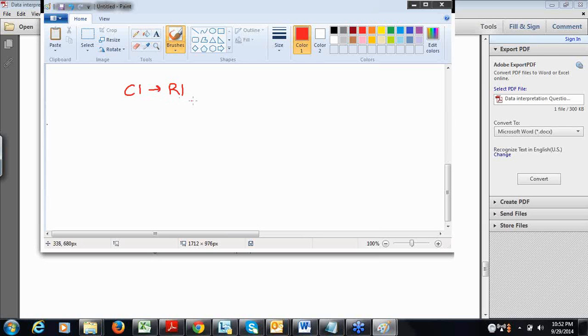So the other company who sells in region R1 has to be C5. So one region is fixed.